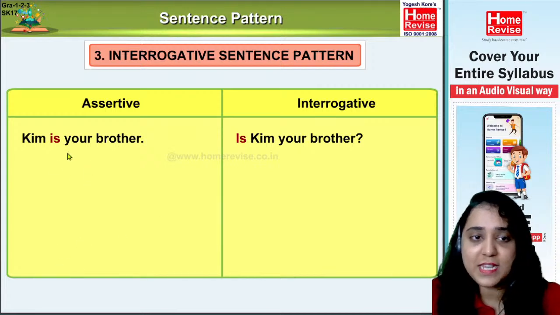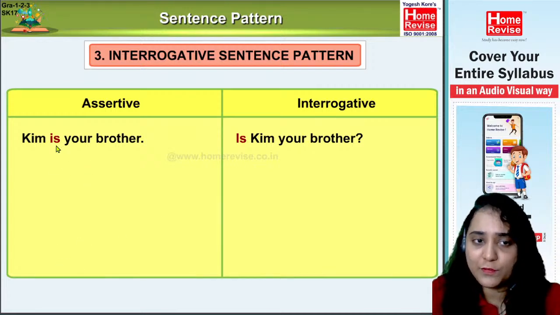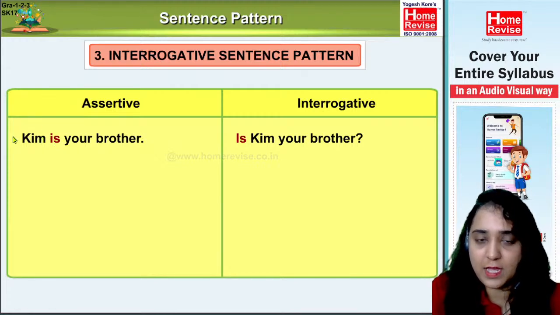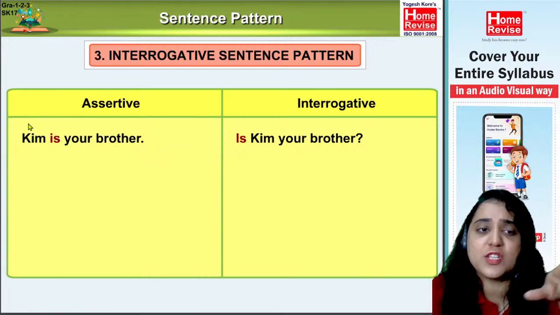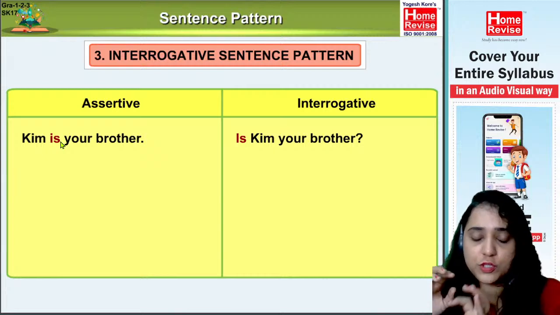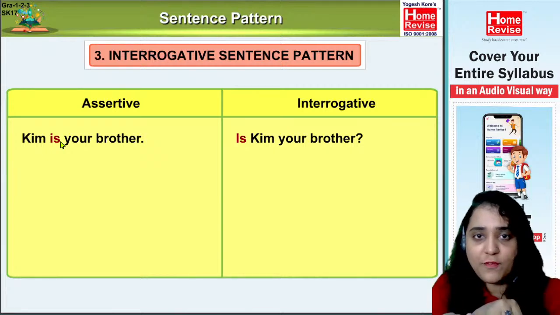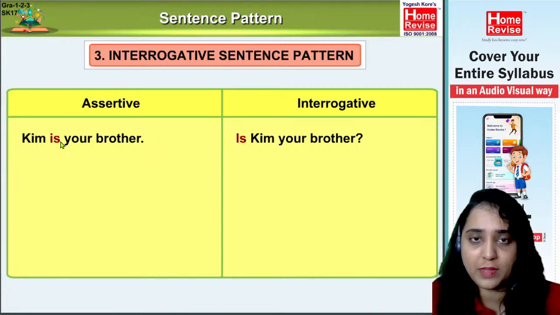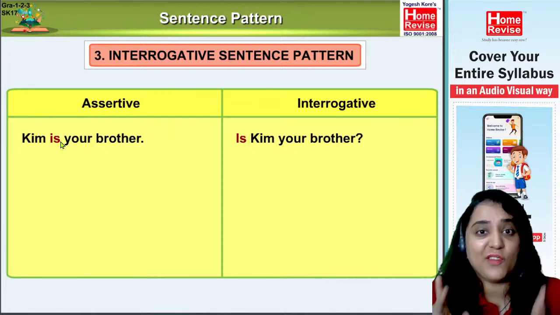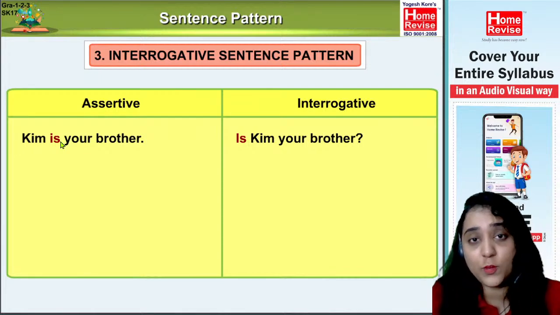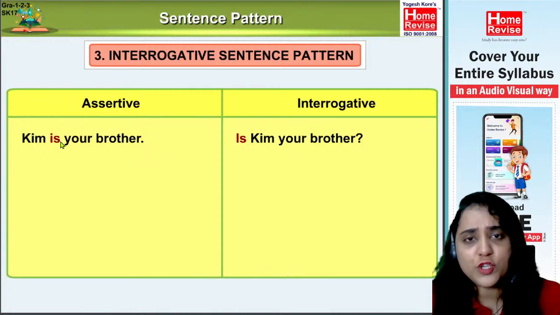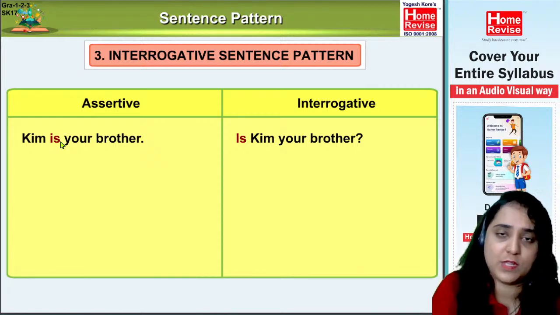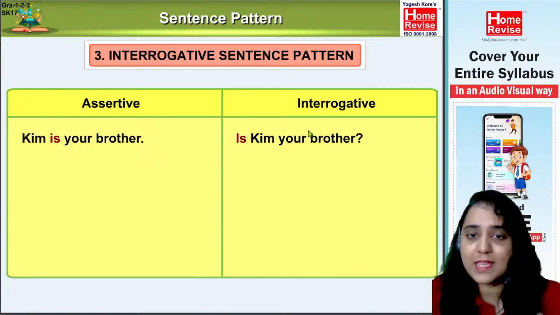Yes, as they have said, कि यहाँ पे जो भी तुम्हारा verb होगा उसको ये जो subject है उसके पहले place करना है, which means that any of the verbs which you have in your sentence you have to place just before your subject. जैसे था कि Kim is your brother, तो this is a normal statement, but if I have to convert this normal statement into a question, what I have to do is, जो भी तुम्हारे auxiliary verbs होंगे, you have to just pick it up and place in front of the subject. तो देखो यहाँ पे हो गया ना, is Kim your brother?